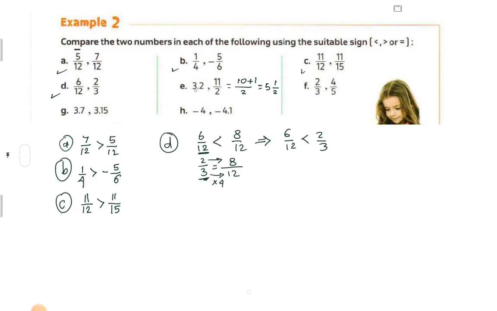So this becomes 3.2 and 5 and a half. Of course, 5 and a half is greater than 3.2.